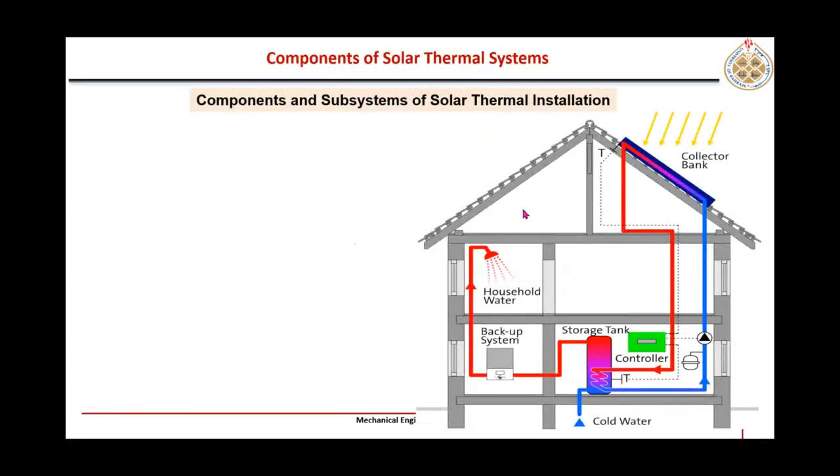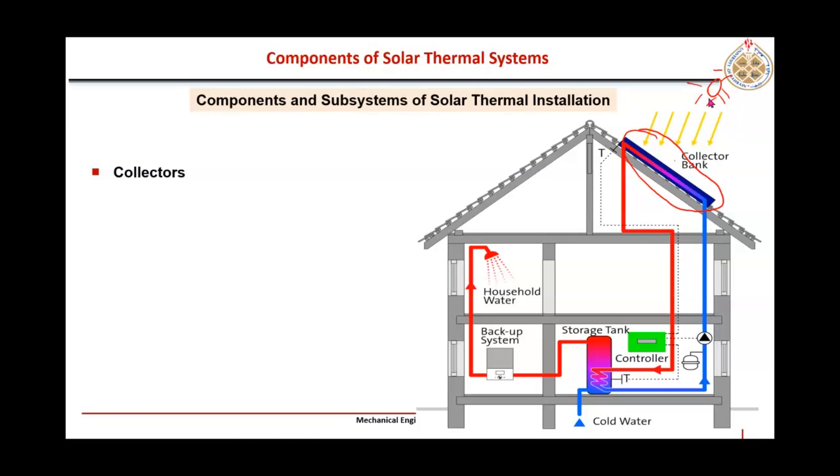Now, components and subsystems of a typical solar thermal installation are shown in this picture. What you see here is a kind of solar water heating system. Here is the solar collector, which is the main energy generation device, absorbing the solar radiation.